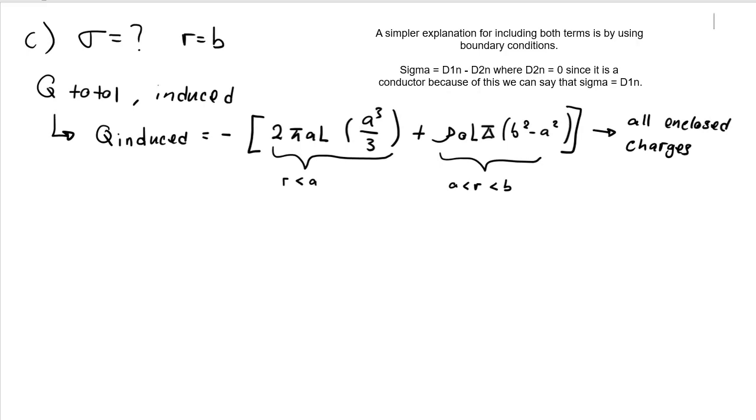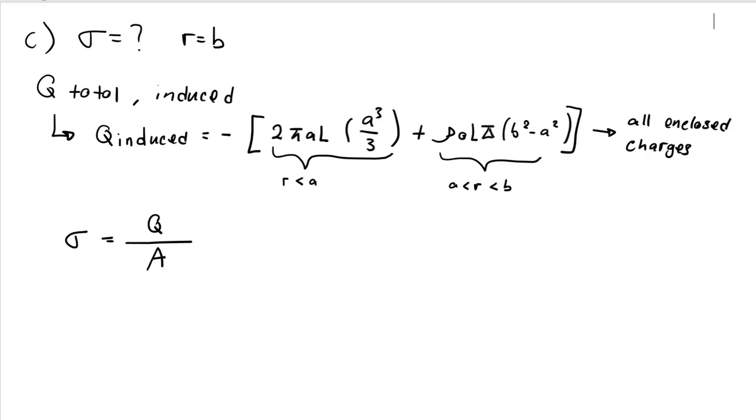So now that we have the induced charge, all we have to do is put it into the formula, where surface charge density is equal to Q induced over the surface area of a cylinder, and this would basically become Q over the perimeter of a circle multiplied by the length of the cylinder.